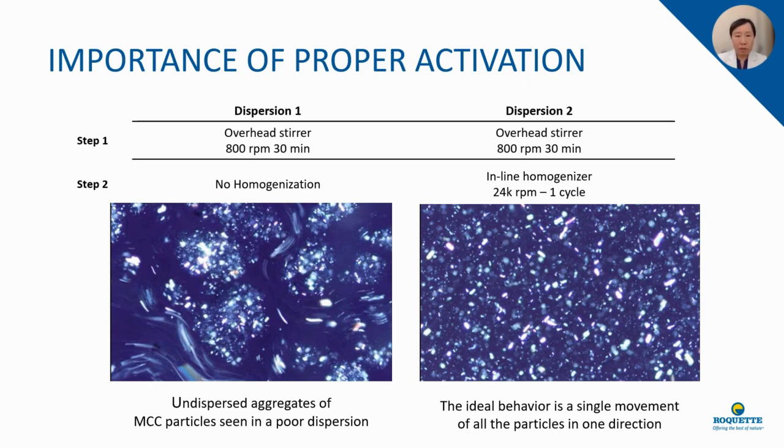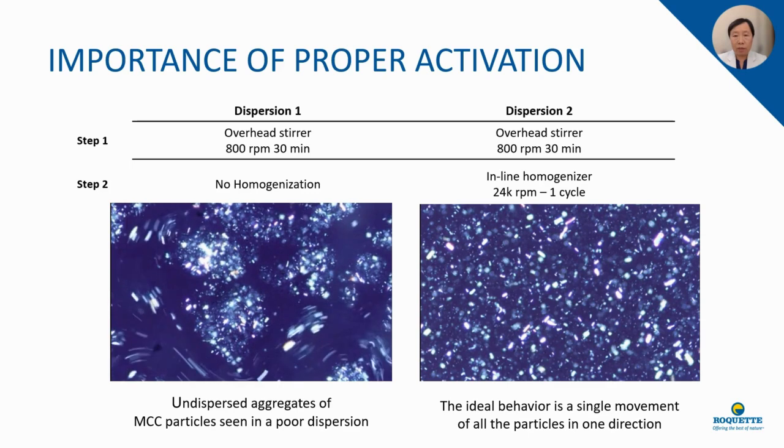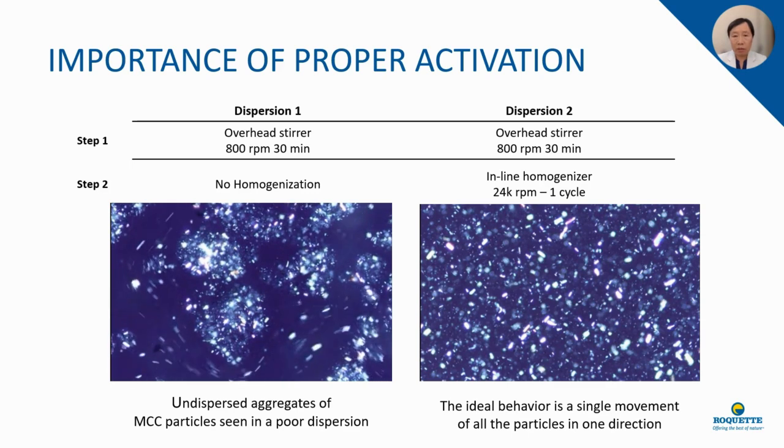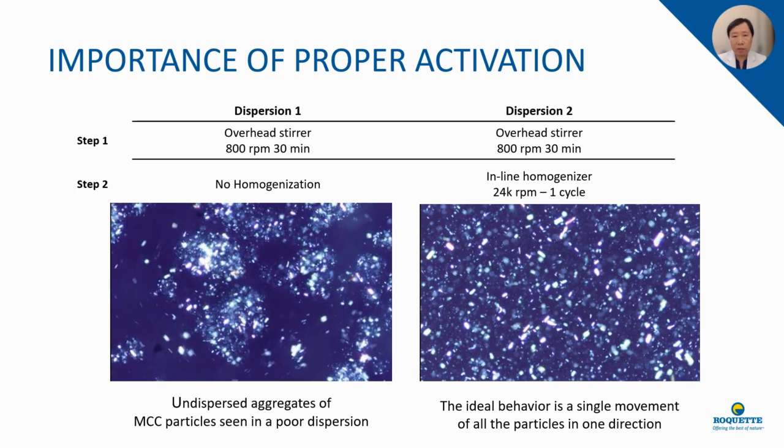For dispersion 1, without proper activation, you can see the suspension shows undispersed aggregates of MCC, meaning poor activation and inconsistent particle distribution. For dispersion 2, with proper activation, the suspension shows uniformly dispersed MCC particles.